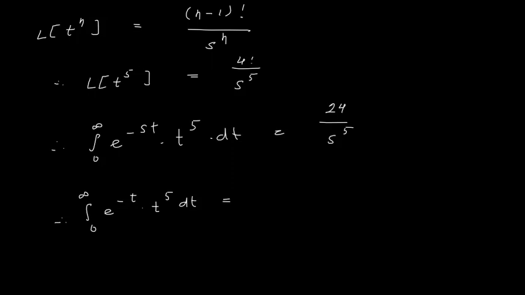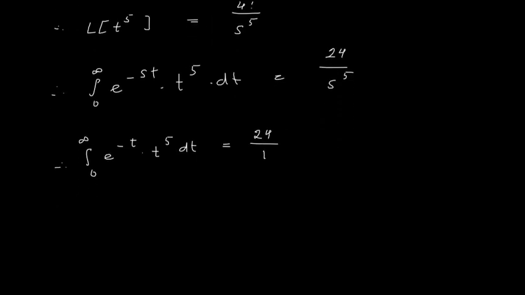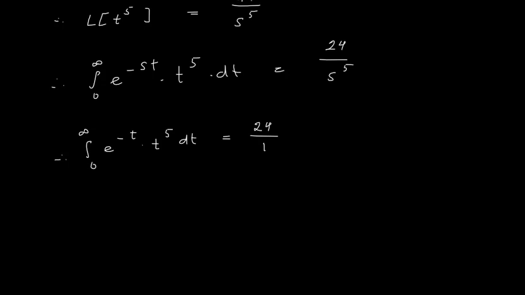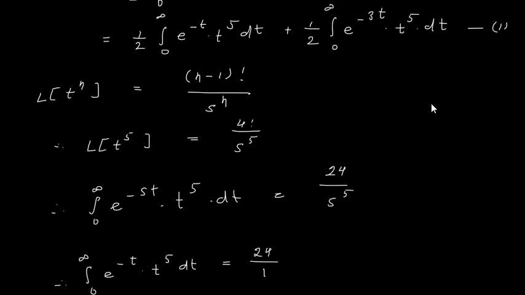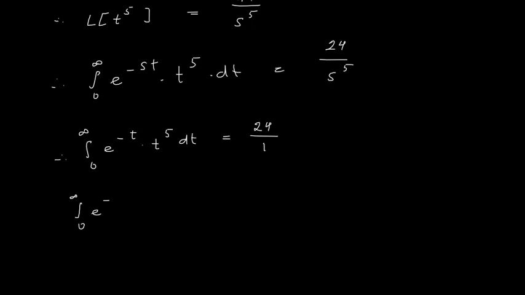This will become 24 upon s. In place of s, what I am putting? 1. So 24 upon 1. And 0 to infinity e power minus 3t into t power 5, here s is 3. So this becomes 24 divided by 3 power 5.